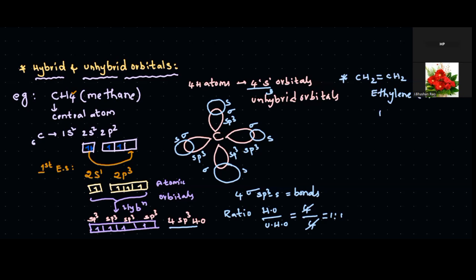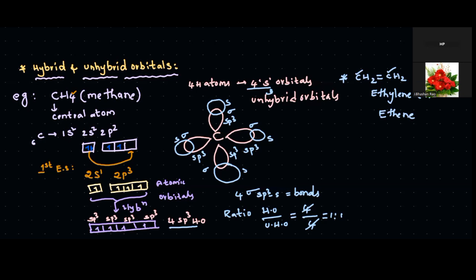In this, how many carbon atoms are present? 2 carbon atoms. These 2 carbon atoms are involved in the hybridization. This one is also a central atom, and this one is also a central atom. How many central atoms are here? 2 central atoms.